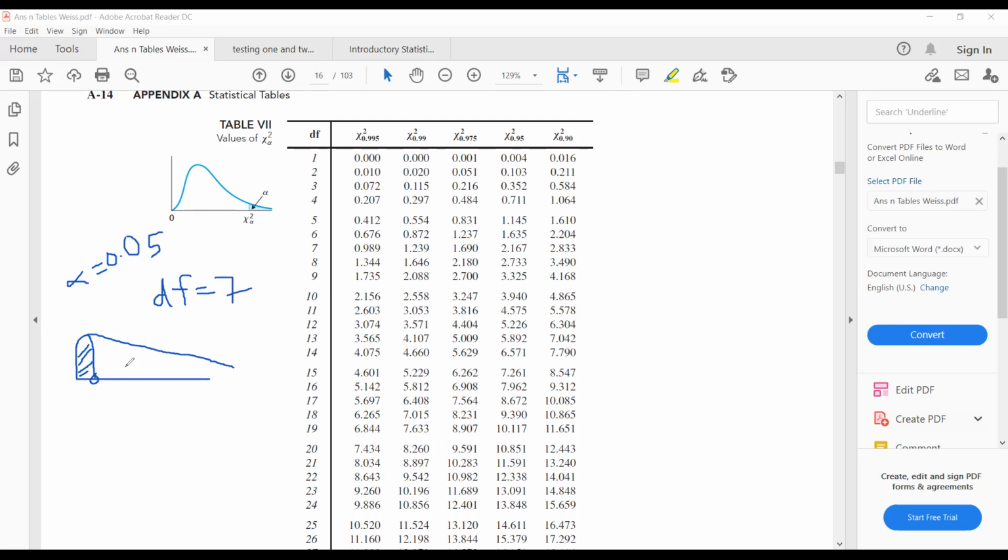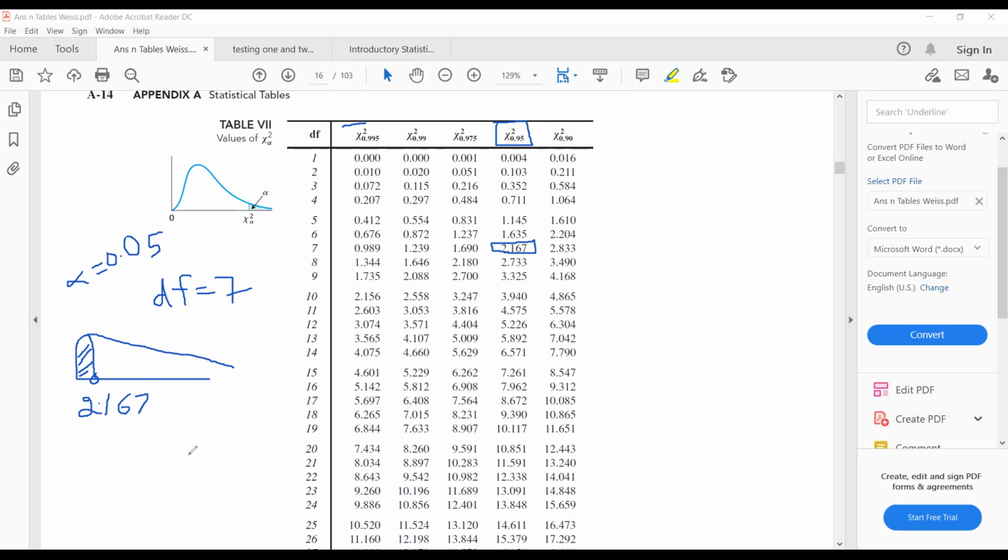So the value of alpha which I have to look up in the table is not 0.05, it will be 0.95. So considering this column 0.95 at degrees of freedom 7, I have this number 2.167. So 2.167 is the value of the chi-square variate.